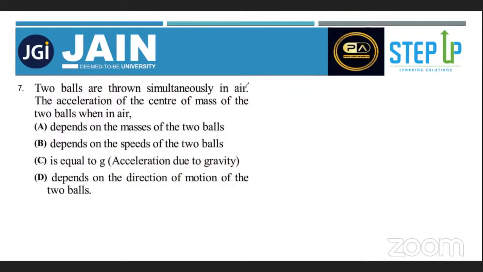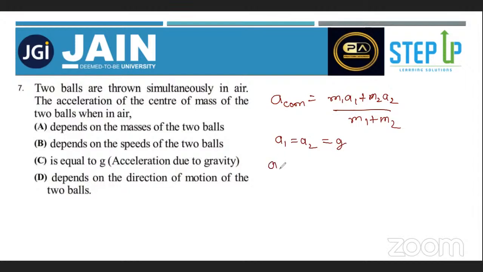It is equal to g. Okay, fine. So let's see the question. If I'm writing a of center of mass, the formula is (m1 a1 plus m2 a2) upon (m1 plus m2). Here it is mentioned that the balls are thrown simultaneously in air, so a1 equals a2 equals g.